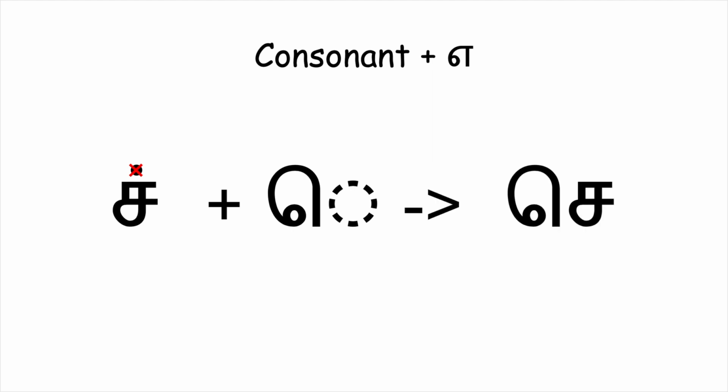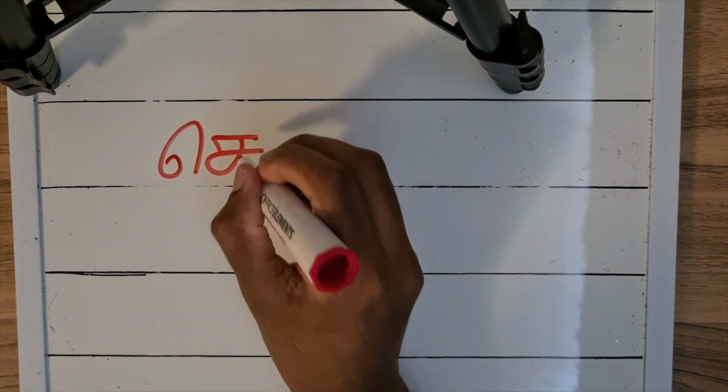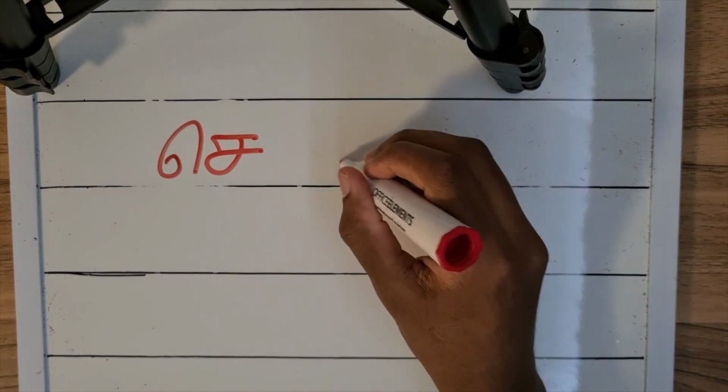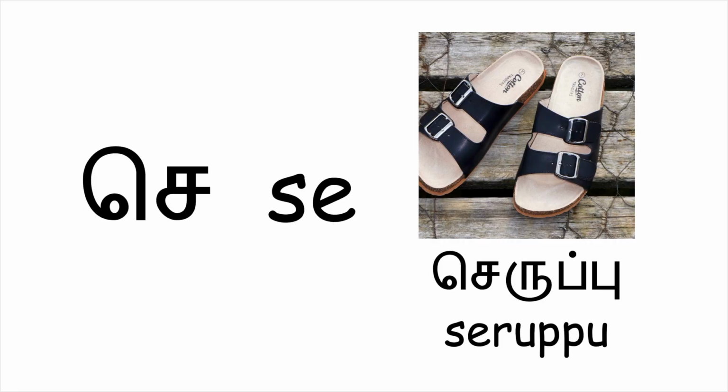Let me show you how to write se. An example word that starts with se is serupu, which means sandals.